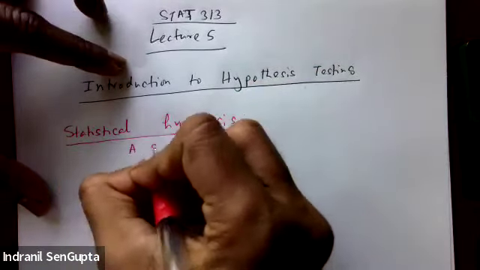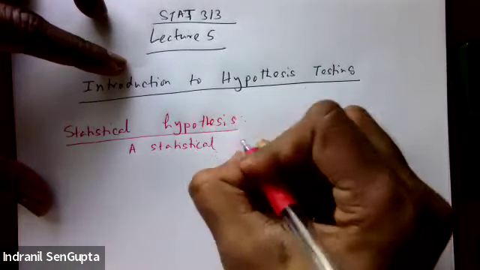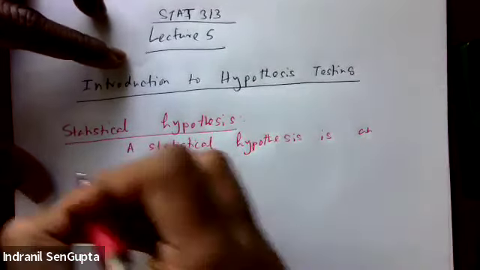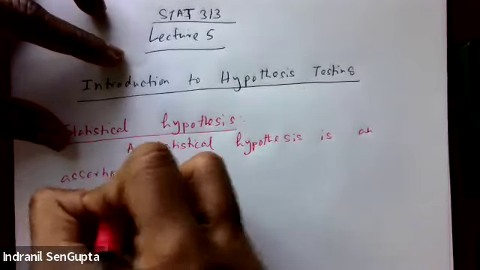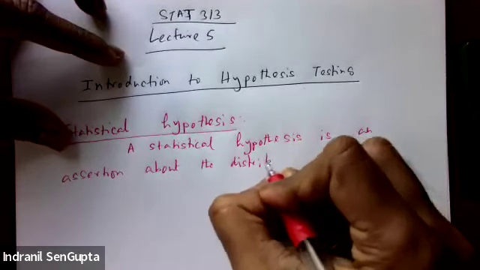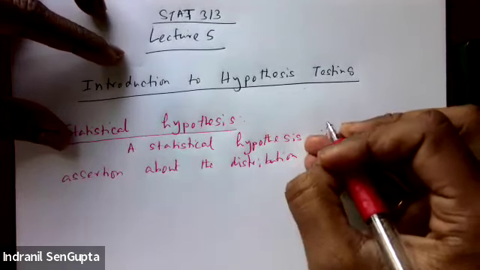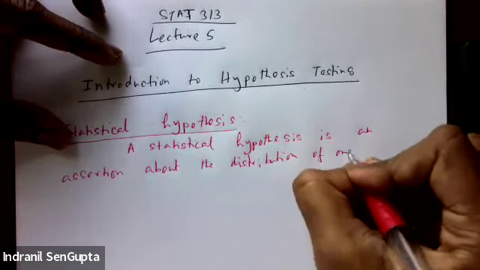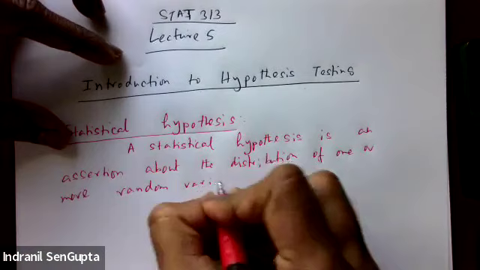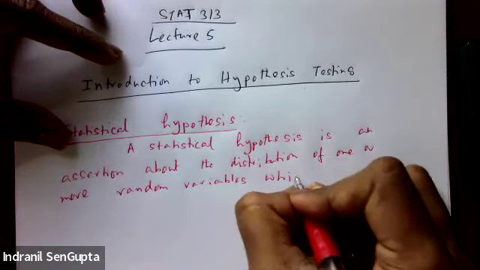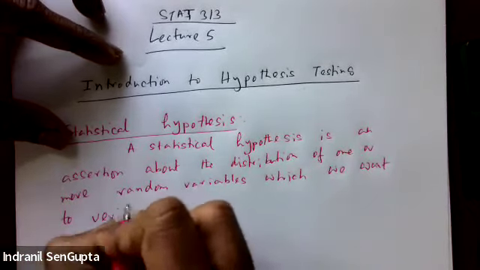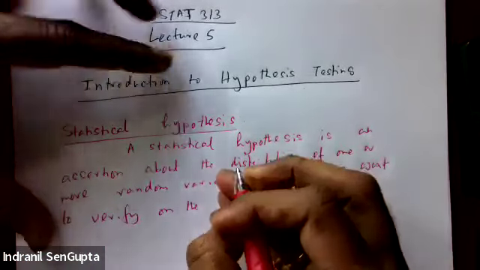A statistical hypothesis is an assertion about the distribution of one or more random variables which we want to verify on the basis of a sample.